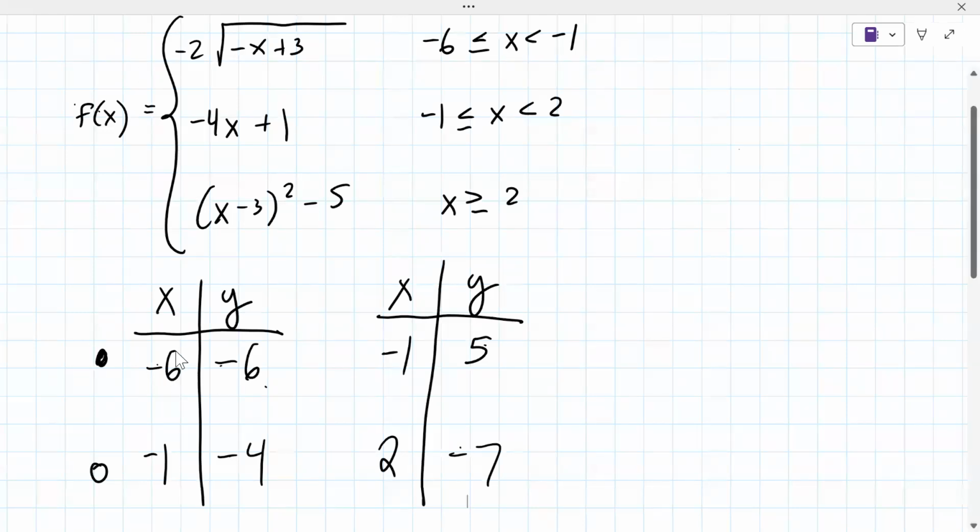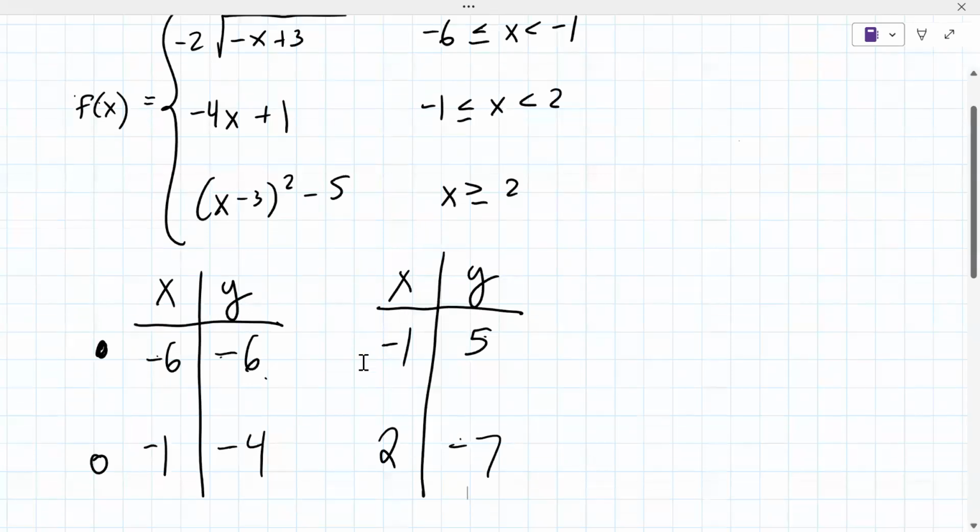Why was it a closed circle at -6? Because it's not even one line away. Okay, so you have no idea when to use an open or closed circle.